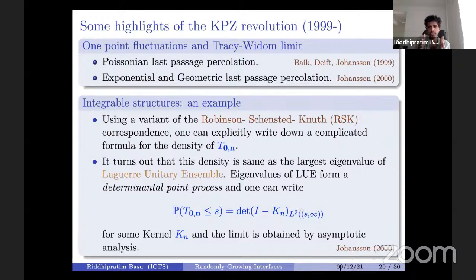When you do the asymptotic analysis of this Fredholm determinant, you get formulas coming from those parts of analysis. So at the end, you get a distribution which matches the Tracy-Widom distribution from random matrix theory.